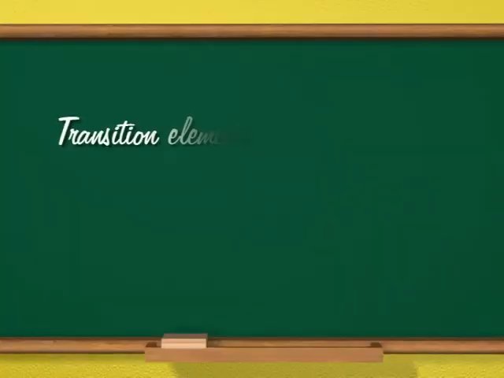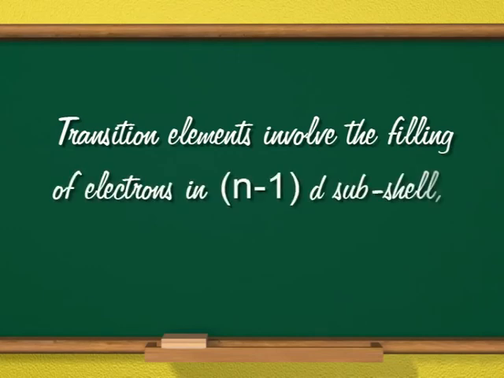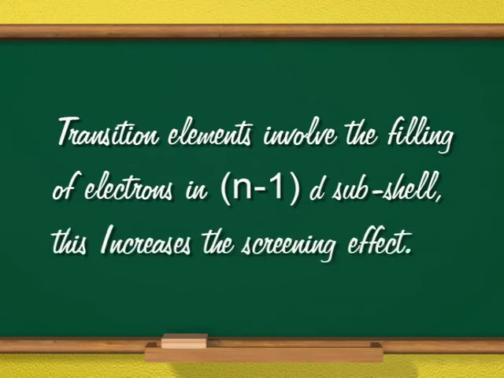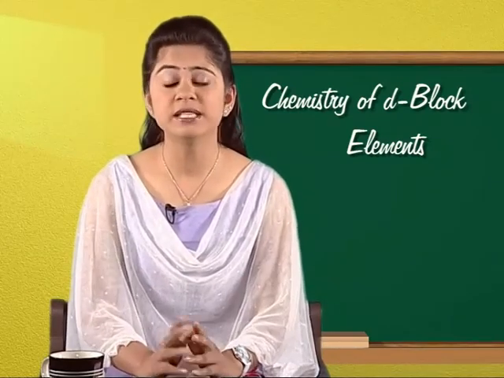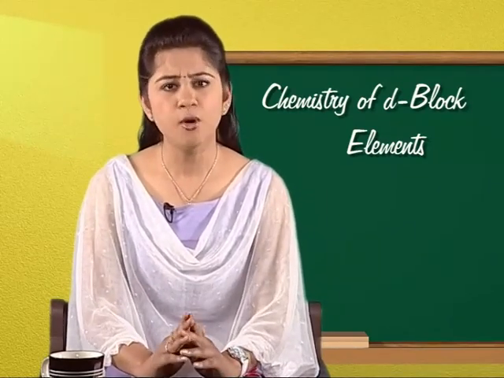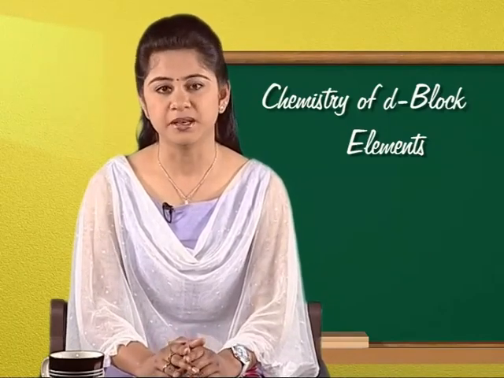As the transition elements involve the filling of electrons in the n-1 d subshell, this increases the screening effect. Thus, the effect of increasing nuclear charge is opposed by the increase in the magnitude of screening.